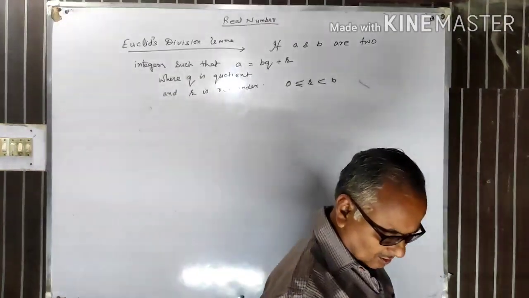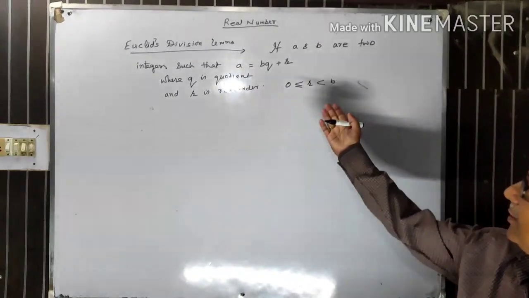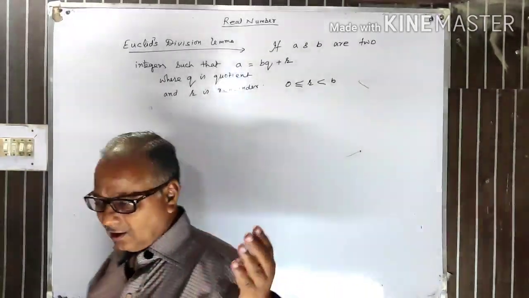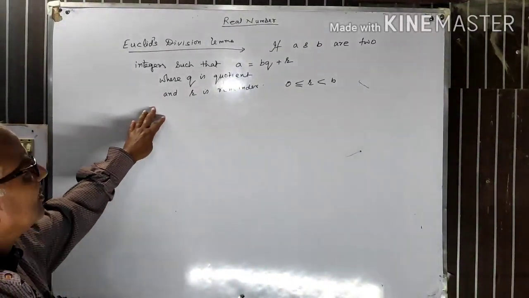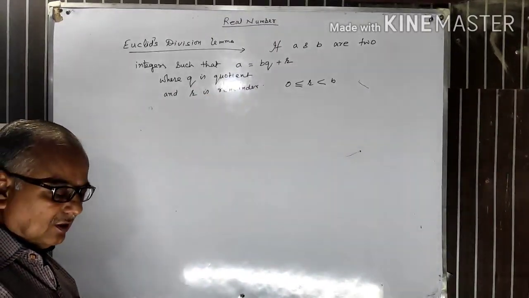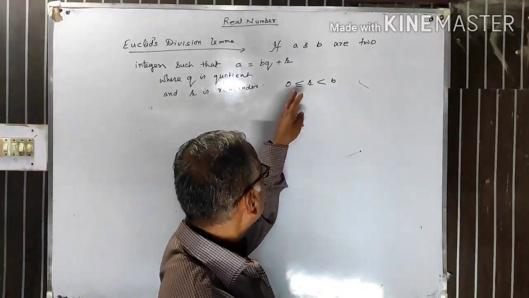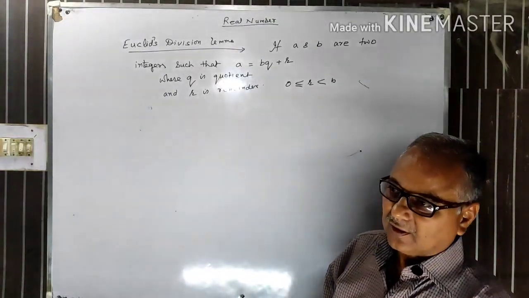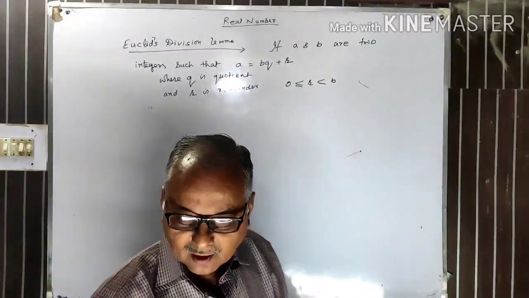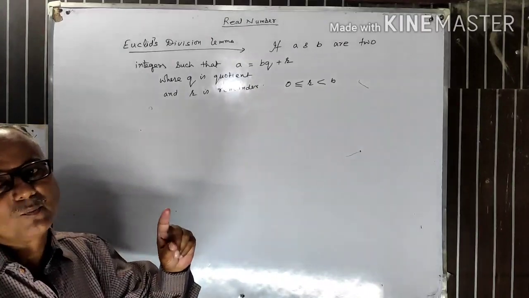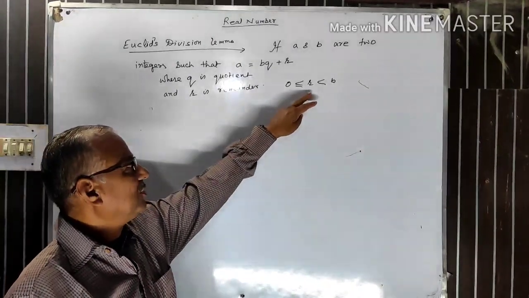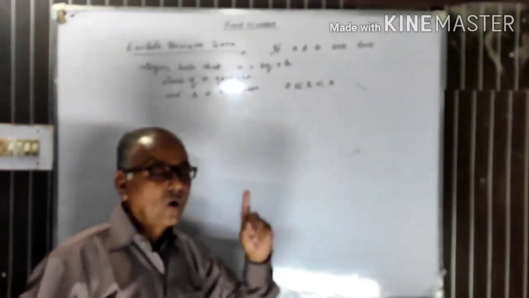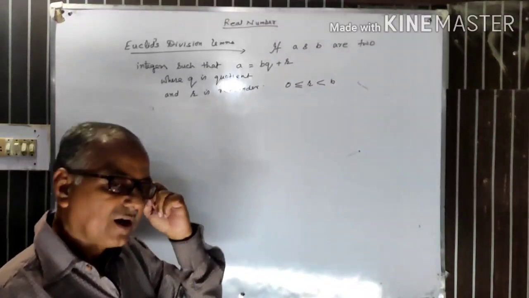So this is how we do division. Actually, in 4th class, 5th class, 6th class, we are doing the same division. If we are dividing a number by 6, then the remainder may be 0, 1, 2, 3, 4 and 5, that is, from 0 to one number less than 6.